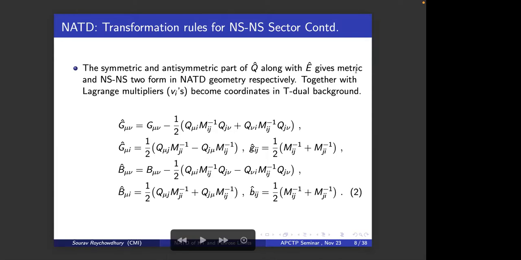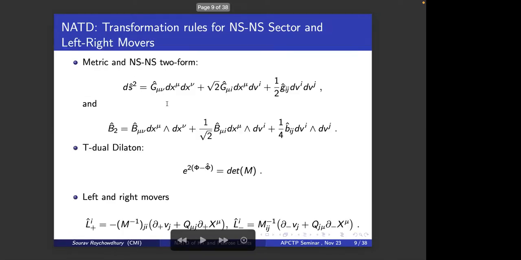I just mentioned the symmetric part of the Q hat will give you the metric, the antisymmetric part gives you the B2, the NS two-form, and the Lagrange multiplier behaves as the coordinates. And this ends up as the NS sector for the T-dual sector.